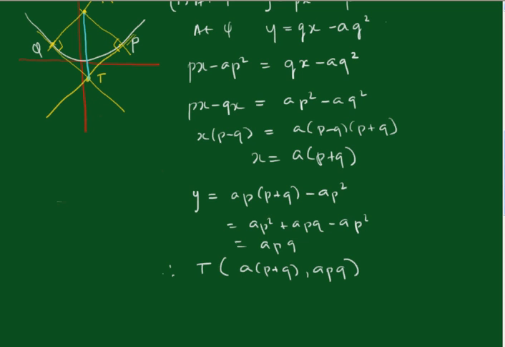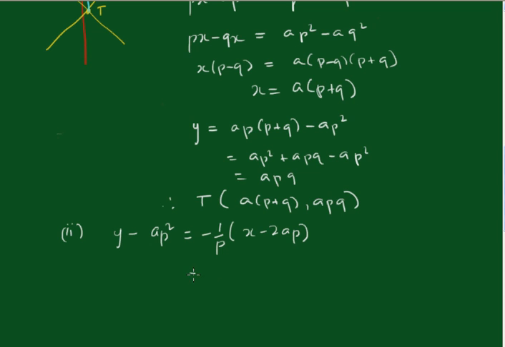Right, now to find the coordinates of R, we need to find the equations of the normals. So we'll just do that. So, part 2, we have y minus ap squared equals negative reciprocal of the tangent, minus 1 on p, into x minus 2ap. Okay, now I'm just going to expand it out.